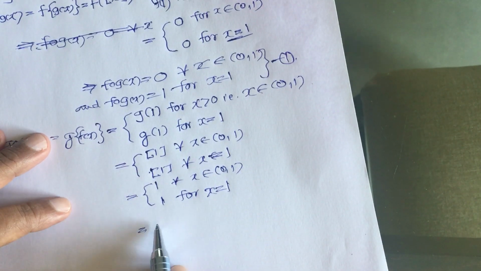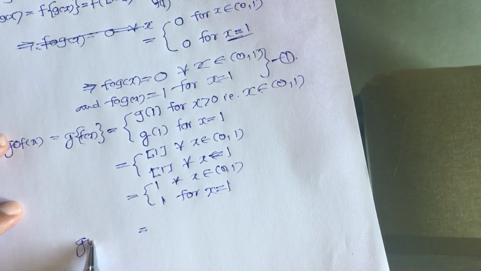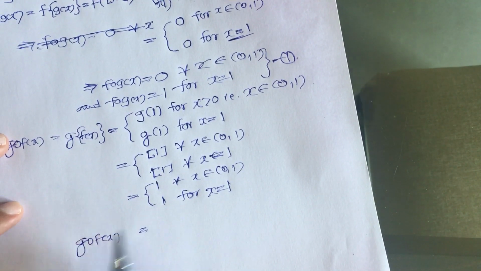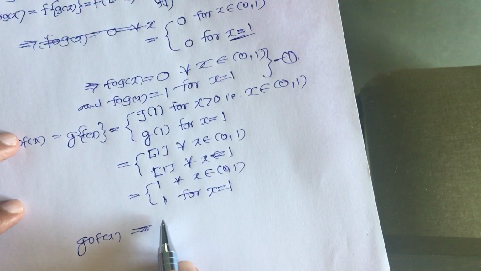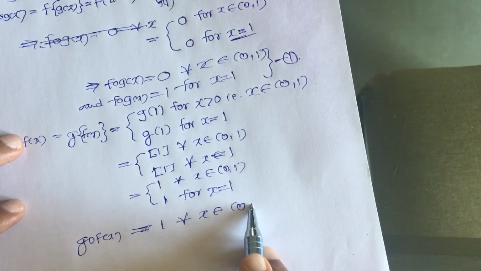So, I write here g composite f of x is equal to 1 for all x in the interval 0 1.